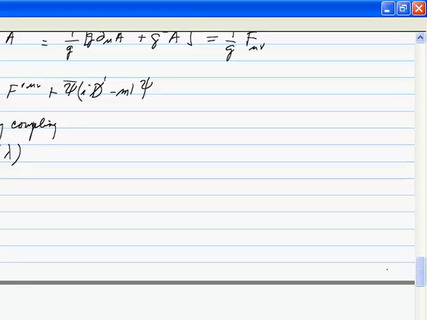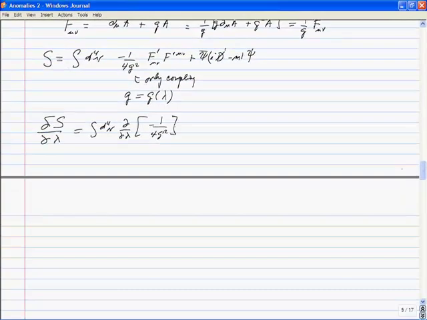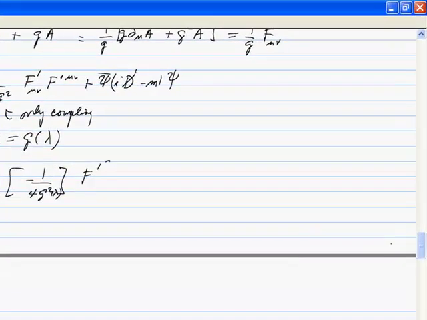So the variation of the action with respect to lambda is the integral d4x of the derivative with respect to lambda of 1 over minus 4 g squared, which is a function of lambda, times F prime squared.